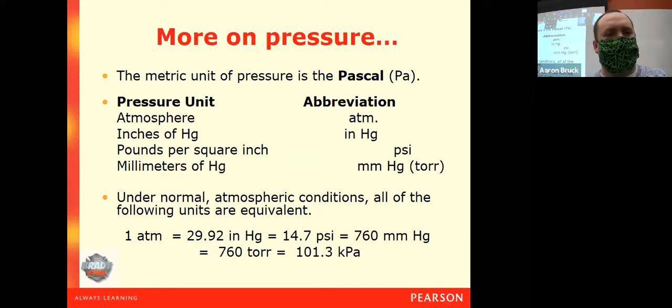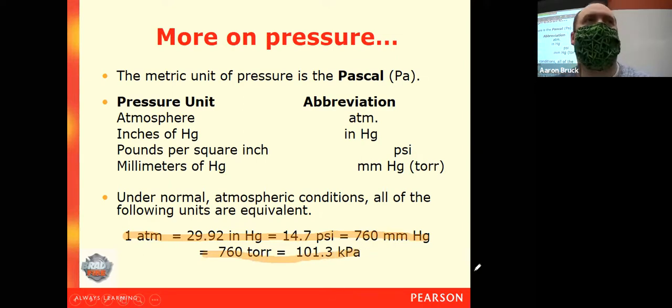All of those items can be made equivalent to each other. So an atmosphere is equal to 29.92 inches, which is equal to 14.7 PSI, which is equal to 760 millimeters of mercury, which is equal to 760 torr, which is equal to 101.3 kilopascals.